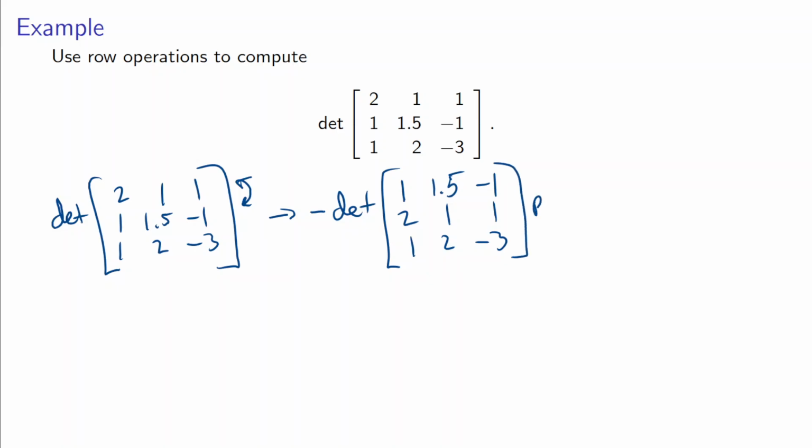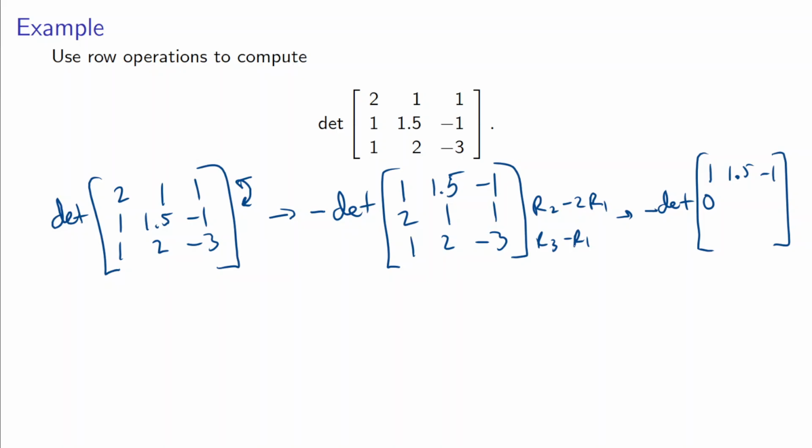And then let's do some row replacement. So we'll do row 2 minus 2 row 1, row 3 minus row 1. This is not going to affect the determinant, so we still have that negative sign from the interchange. So that'll be negative the determinant of 1, 1.5, -1, and then 2 minus 2 is 0.